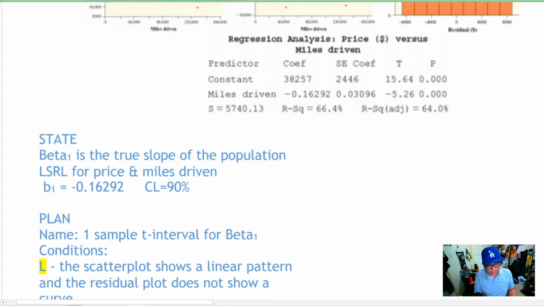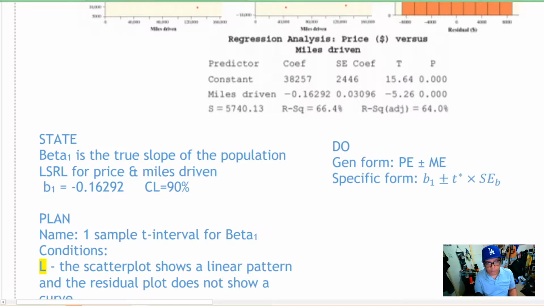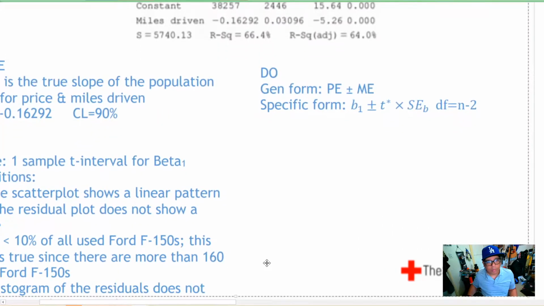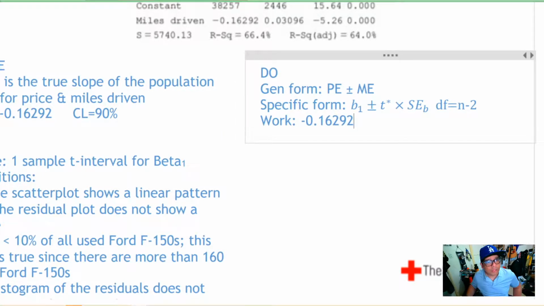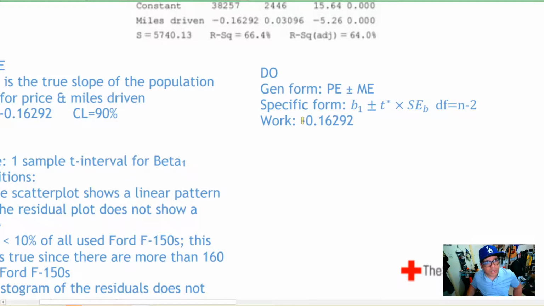So this is the same do that we always work with. The general formula is a point estimate plus or minus a margin of error. Specific formula, B1 plus or minus t star multiplied by SEb. And degrees of freedom is n minus 2. For the work, we have negative 0.16292.